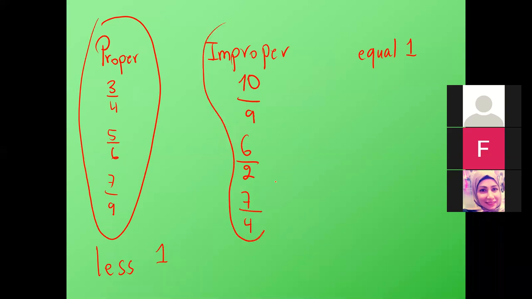Plenty of fractions are improper fractions because the numerator is bigger. They are less or more than 1? More than 1. Excellent. So in order to compare any fraction by 1, if it's improper, quickly I will put more than 1. Okay?